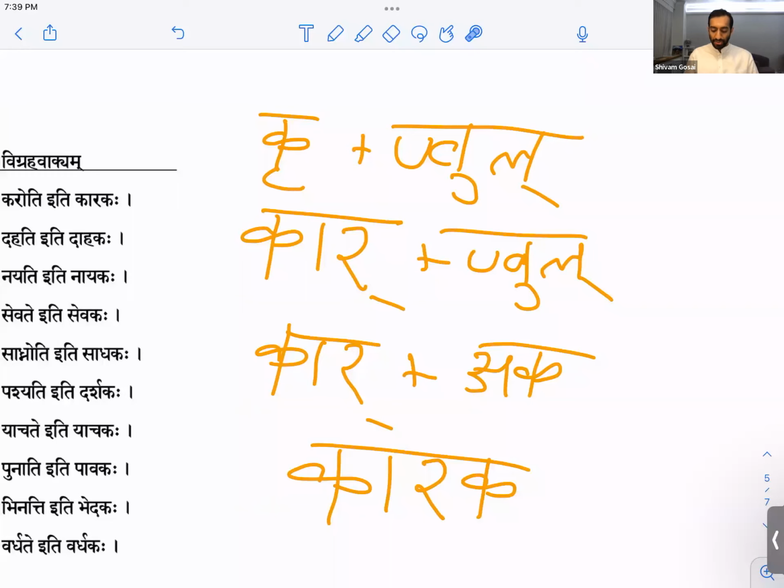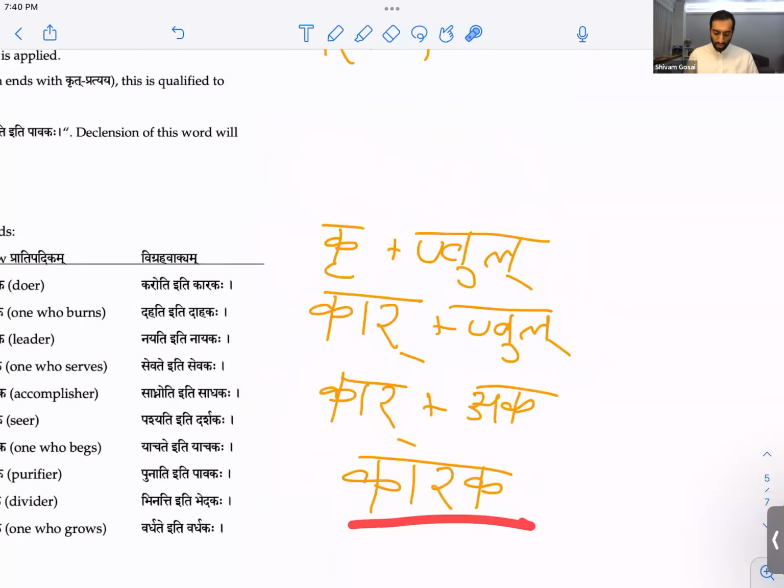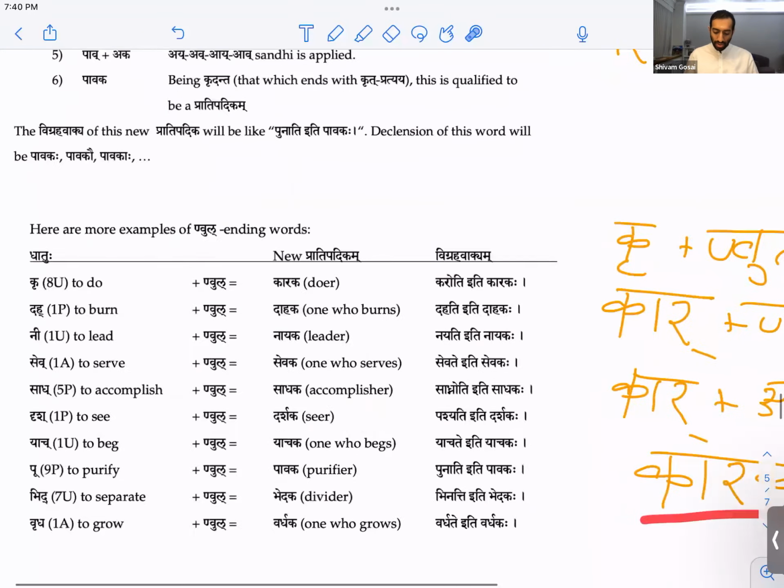So kr becomes kar. The vriddhi of r is r. So kar plus nvul. Now nvul becomes aka. So kar plus aka added together becomes karaka. Karaka literally means the one who does, the doer.